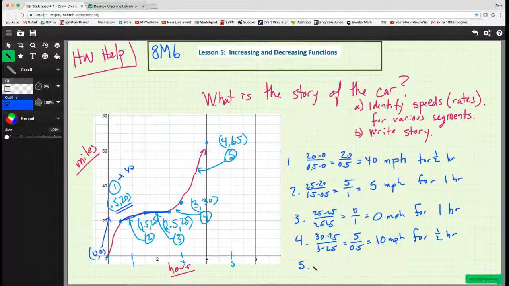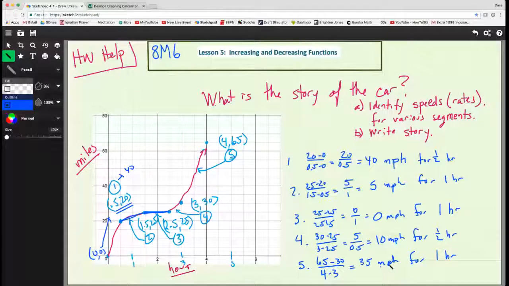And now the last section, where we can tell we're going faster, we're making a lot of distance in 1 hour. So that's 65 minus 30 over 4 minus 3. So now we go 35 miles per hour for 1 hour. This is 35 over 1, so it's 35 miles per hour. Okay, well, there we have it.